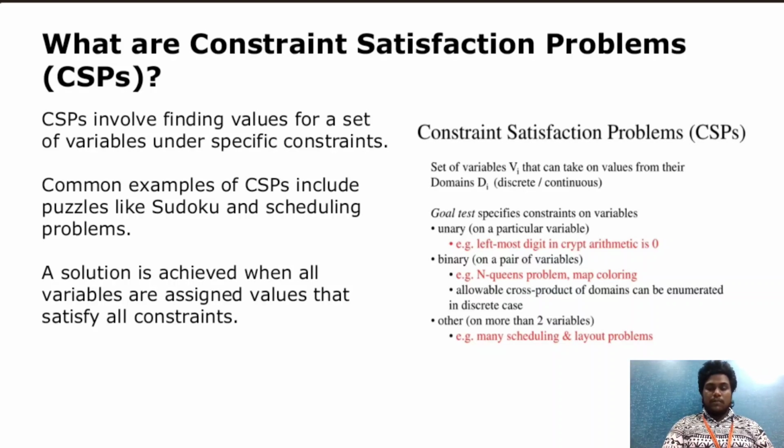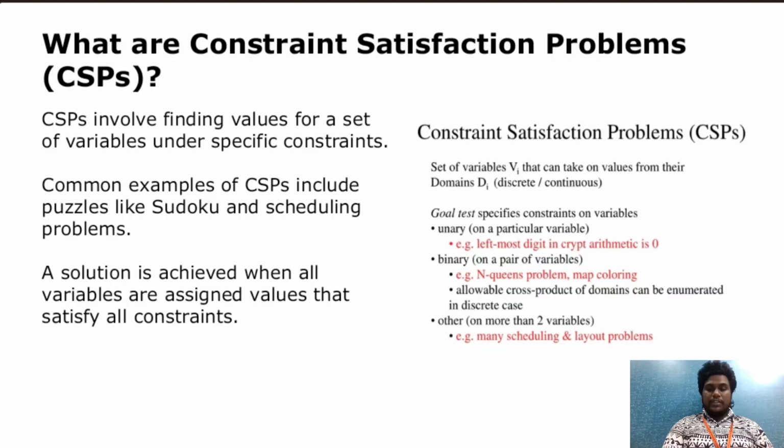Constraint satisfaction problem (CSP): a set of variables Vi that can take on values from their domains Di. Domains can be discrete or continuous. The goal test specifies constraints on variables. Unary constraints are on a particular variable. Example: the leftmost digit in cryptarithmetic is not 0.